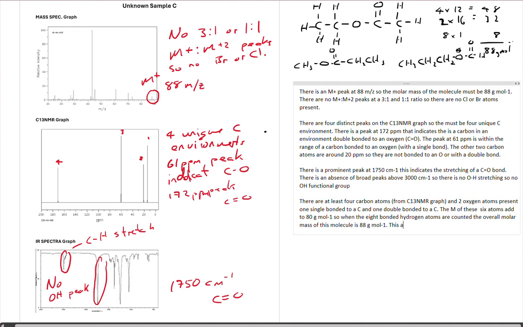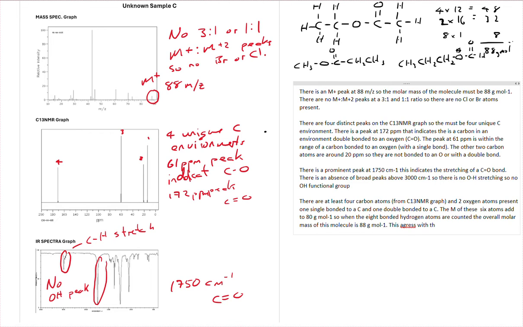This agrees with the 88 grams mole^-1 I deduced that was worked out from the mass spec graph.